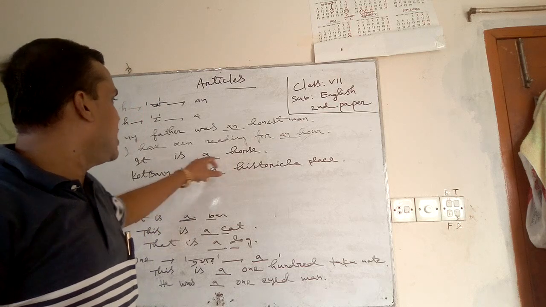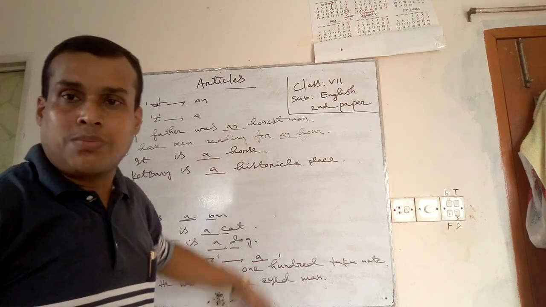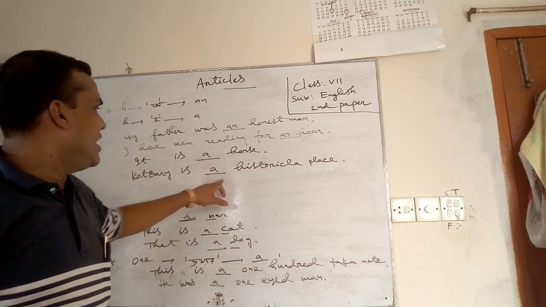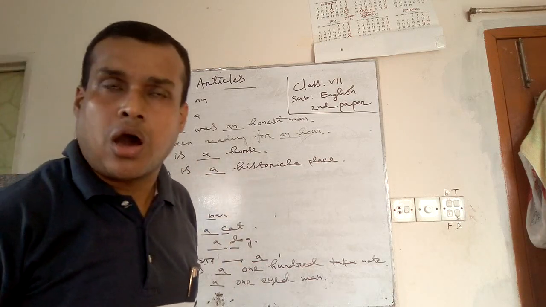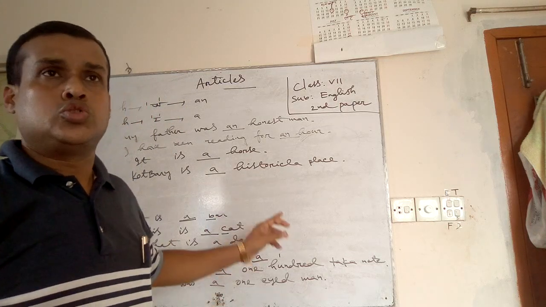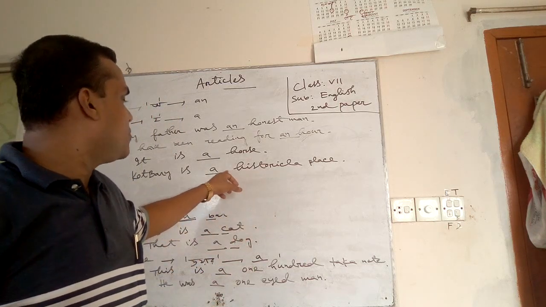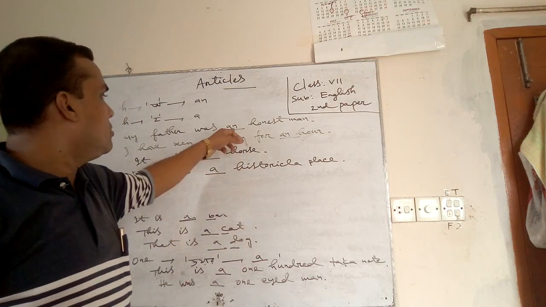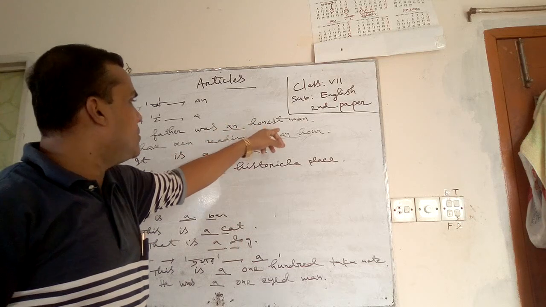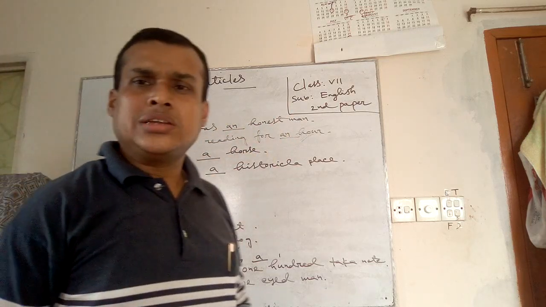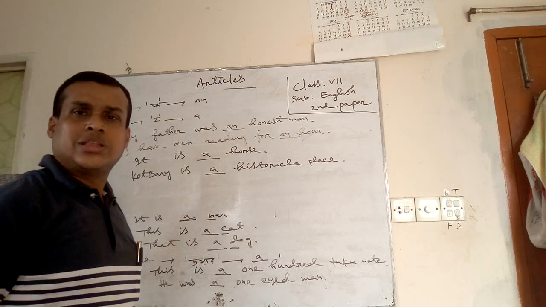Historical, ho. So we should use a in these two examples. An honest man, an hour. Next rule, dear students, look at the board and enjoy the class.